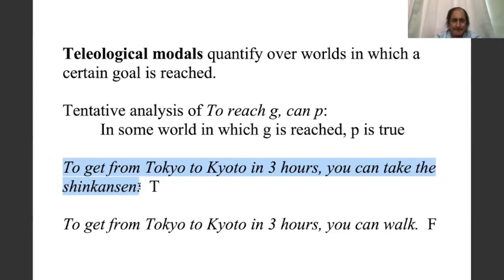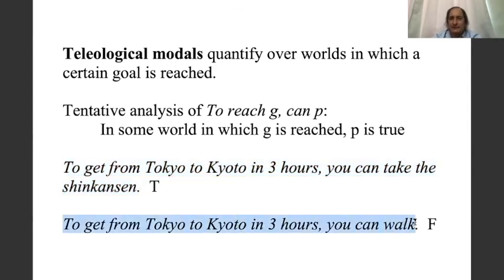Okay. To get from Tokyo to Kyoto in 3 hours, you can walk. That's generally taken to not be true. Tokyo is 450 kilometers or so away from Kyoto, and nobody can walk 450 kilometers in 3 hours.